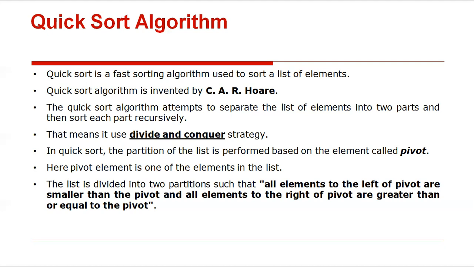Our given array is divided into two parts, and then each part is sorted recursively. So the first part and the second part are sorted using the recursive method. That means it uses the divide and conquer strategy.